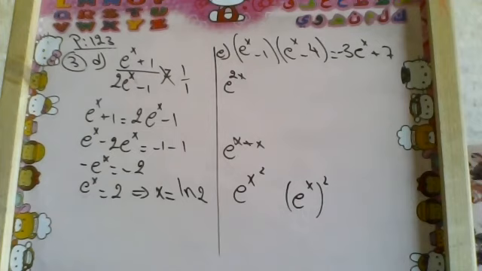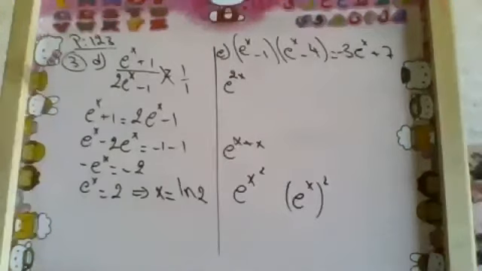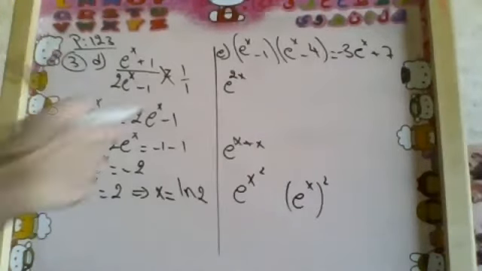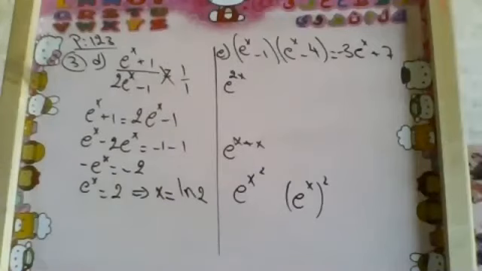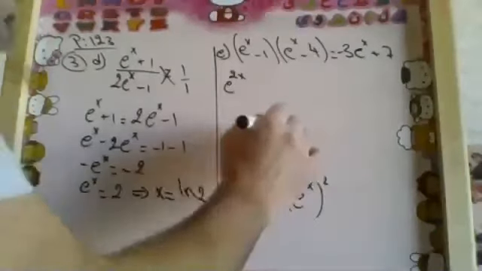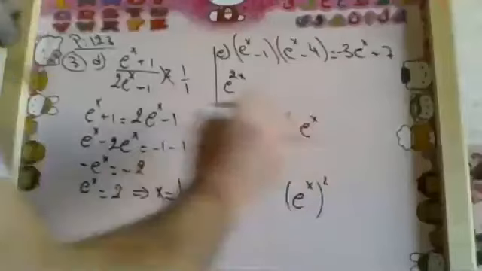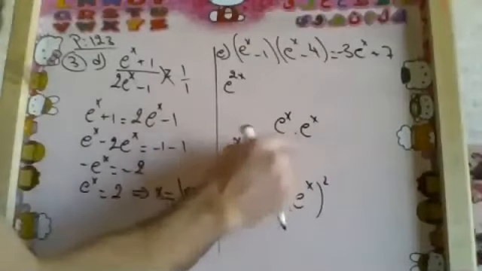The first one squares only the x, and the second one squares both the e and the x, e power x all squared. So which one are you talking about, with brackets or without? With brackets. Then you are multiplying e power x times e power x. You are multiplying e power x by itself.